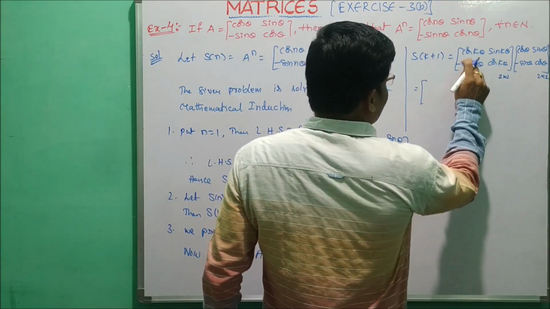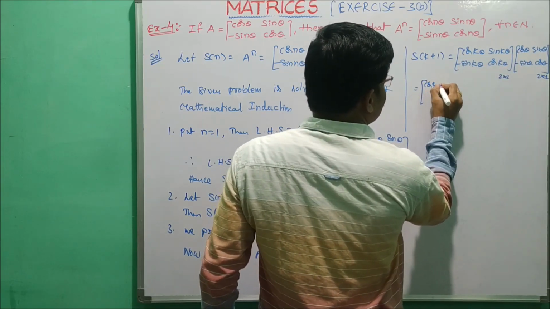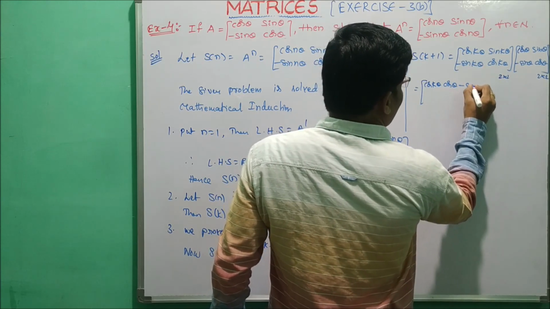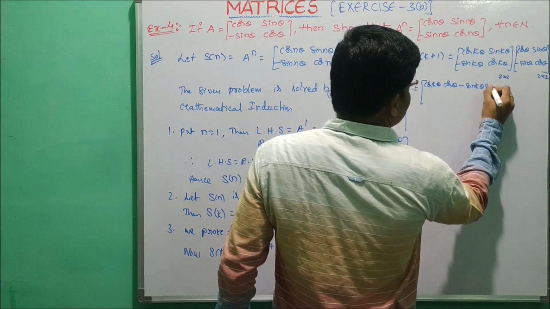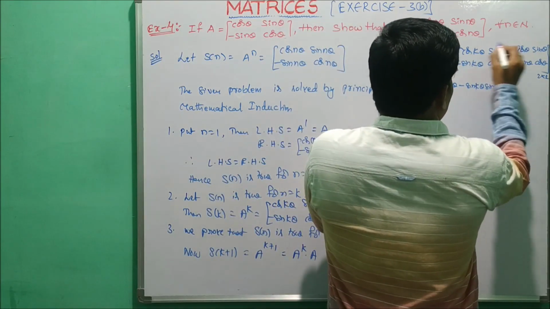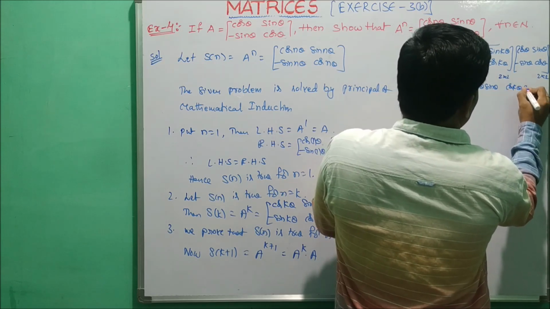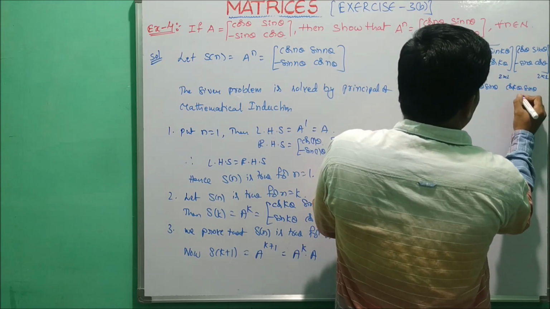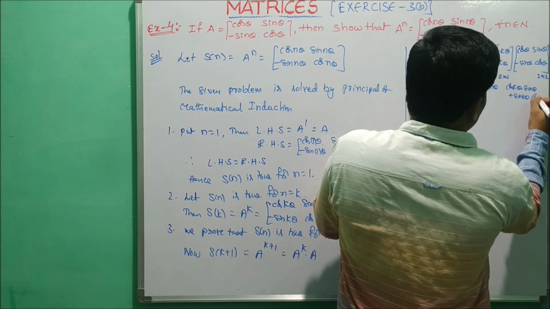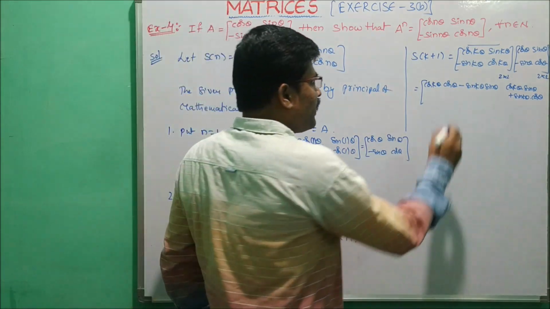Now multiply first row, first column: cos k theta into cos theta plus minus sin k theta into sin theta. So plus into minus is minus. Similarly first row, second column: cos k theta into sin theta plus sin k theta into cos theta. So this is the first row second element.